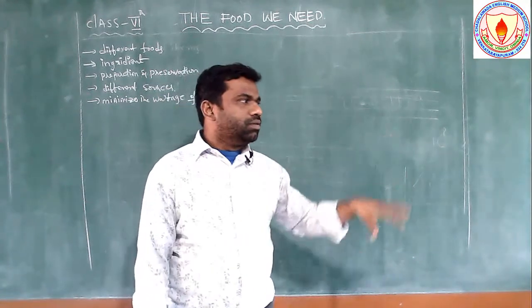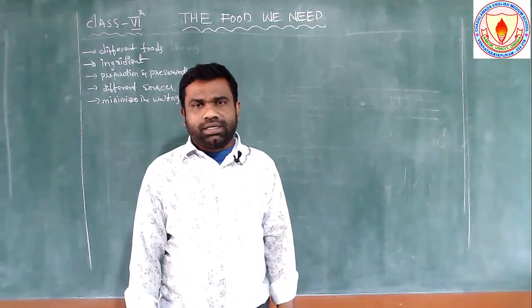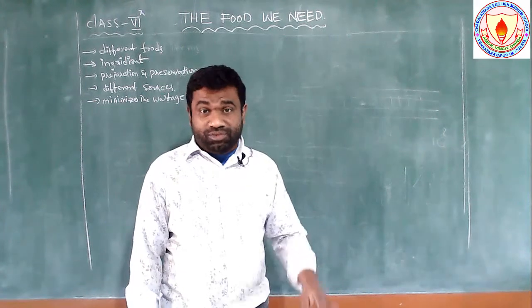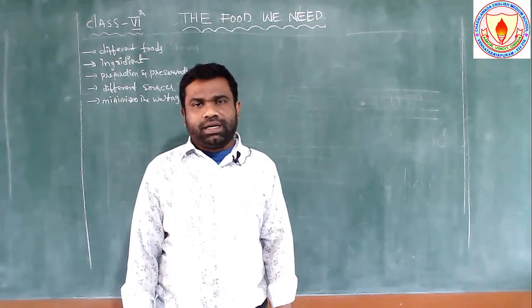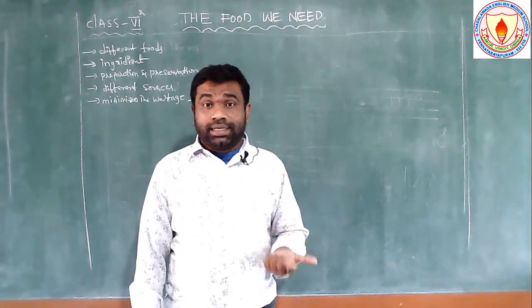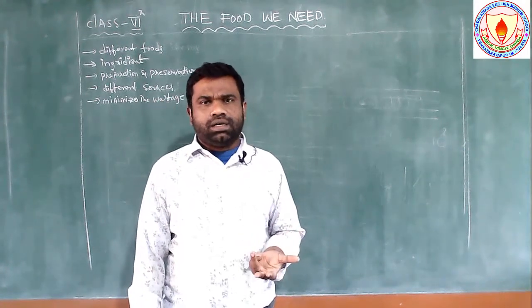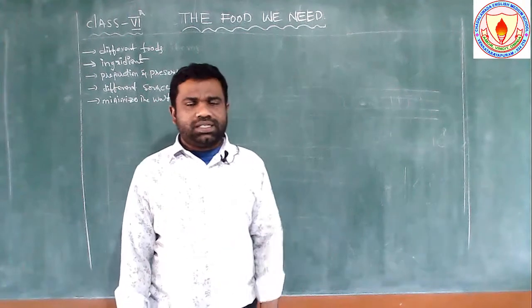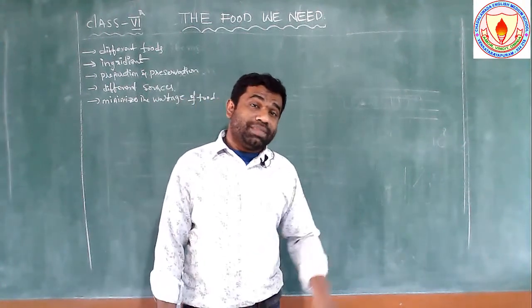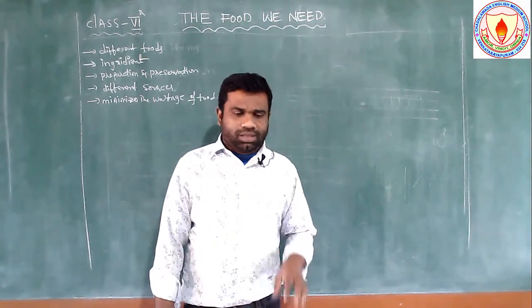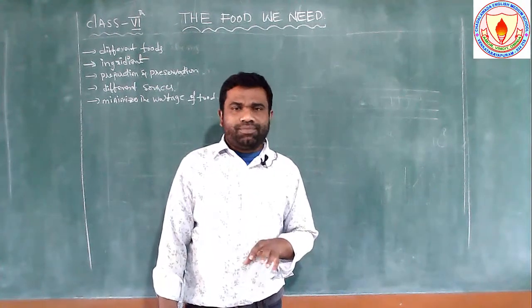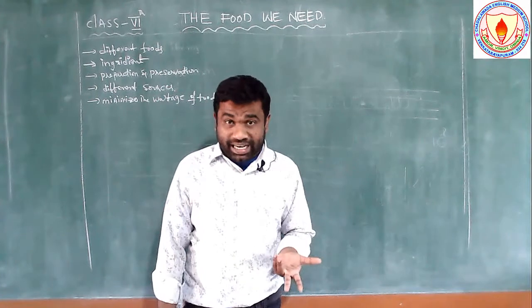So from different areas we are taking different ingredients, different food materials. For example, milk is one type of food material. Milk, curd, ghee, cheese, all of these we are taking from the animals. Yes or no?